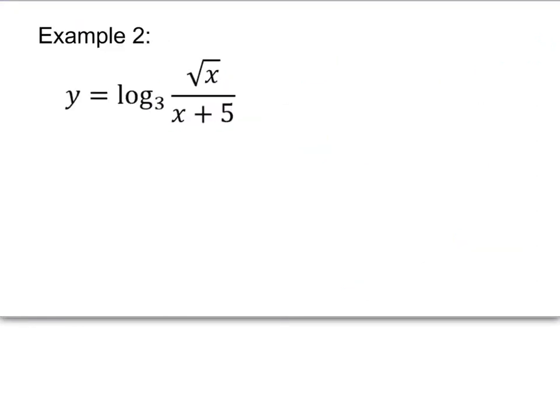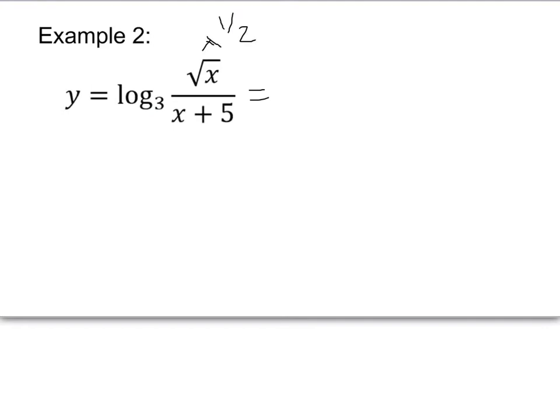And on example 2, I want you to remember, even though it's log base 3 instead of ln, we still have formulas or properties that allow us to split this up and make the problem simpler. So before you start working on the problem, you want to do a rewrite. Remember, square root of x is the same thing as x to the 1/2.